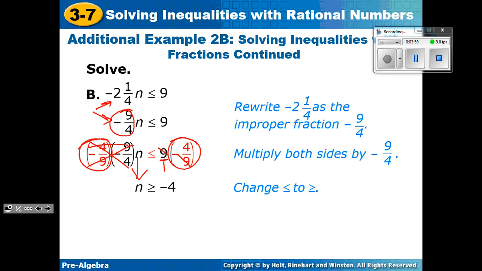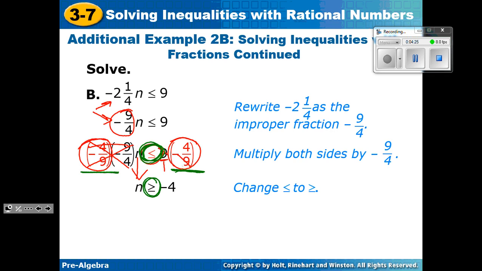But I want you to notice this right here. We had is less than or equal to, and it changed to is greater than or equal to. And the reason for that is we multiplied by a negative. When you multiply or divide both sides by a negative, then this inequality changes.